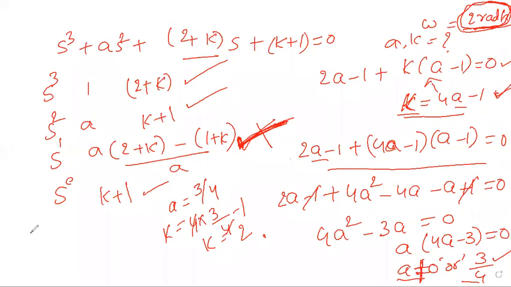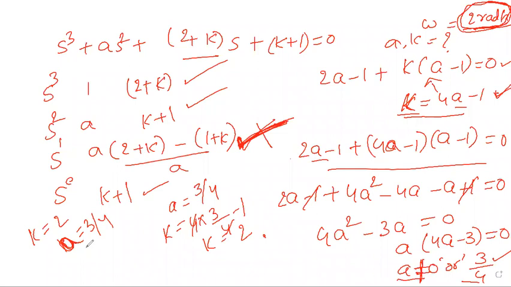So finally, this is the objective we require: k equal to 2 and a equal to 3/4.